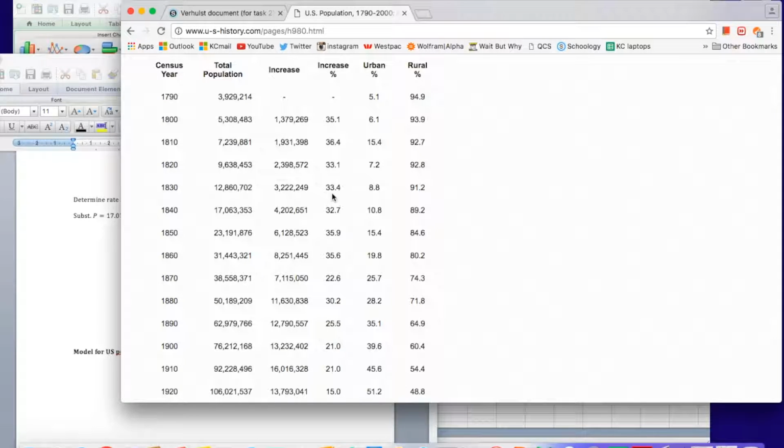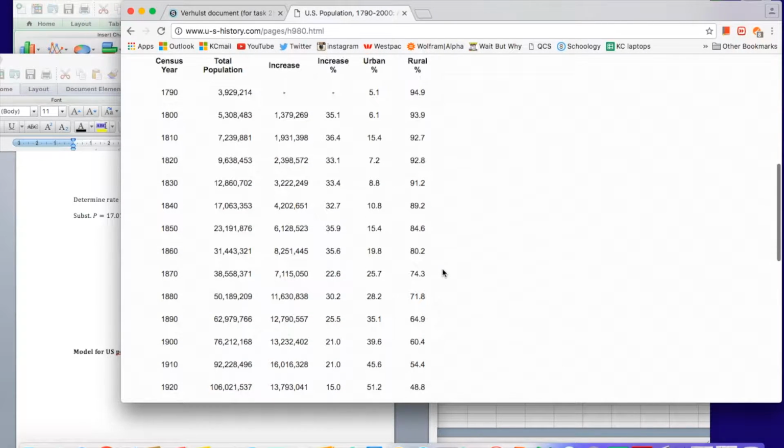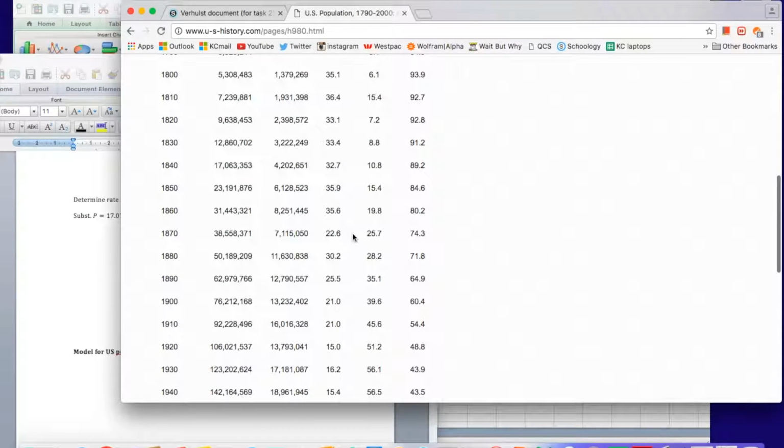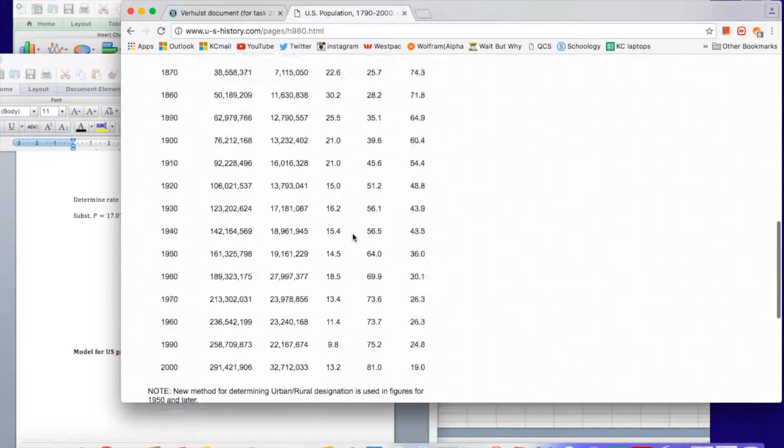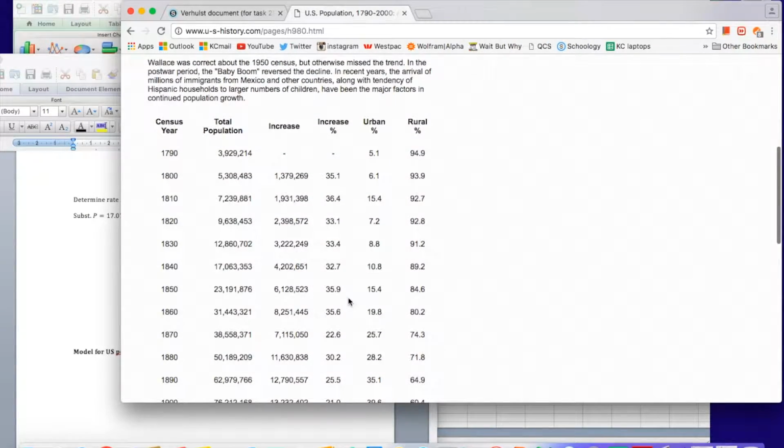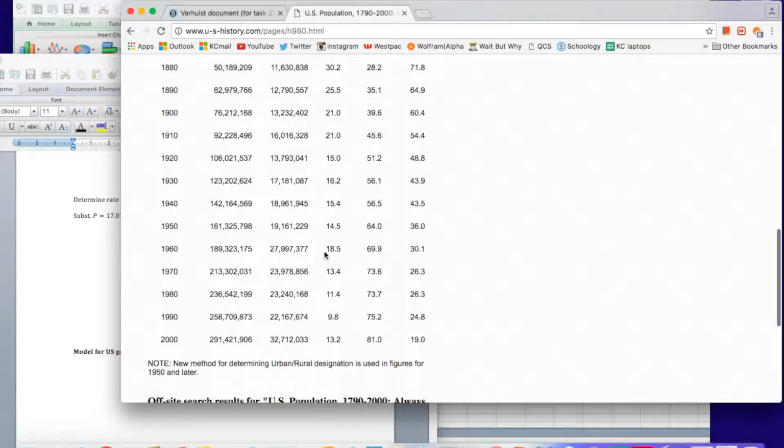Now, if we want to get an annual rate of growth, then we just divide this by 10. So 33% over 10 years is 3.3% over 1 year. With that in mind, we can scan through and look at all these percentage increases from 1790 up until the year 2000.